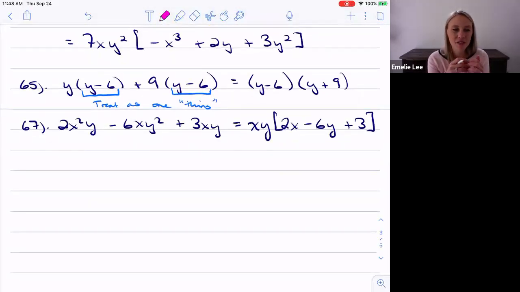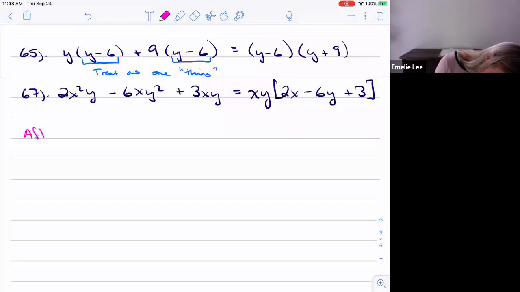After you've factored something, it's always a really good idea to expand it back out and make sure that you get back to where you started.